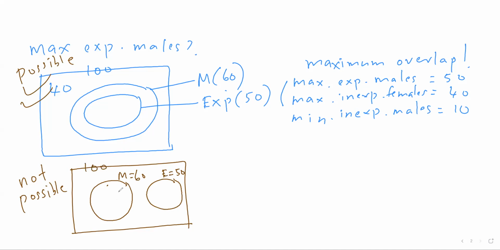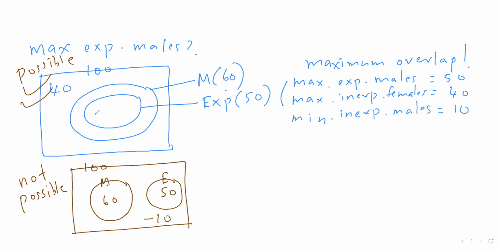Whatever the space that's outside, just for the understanding, I will put this inside the circle. So let's say M is 60 and E is 50. Outside, it will be -10. Okay, so that's not possible. So the addition of the 3 spaces must be equal to 100.